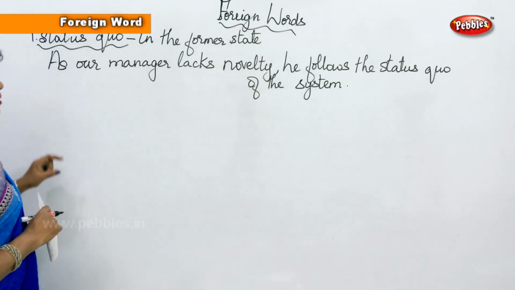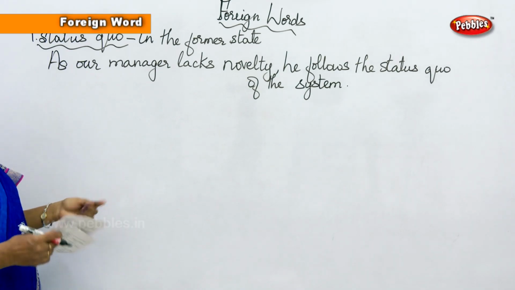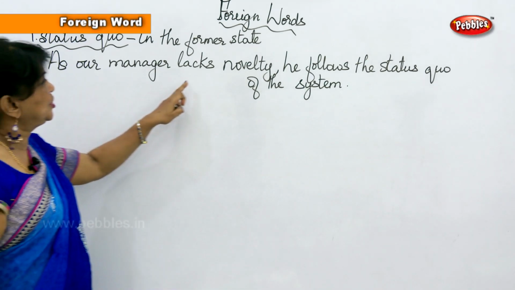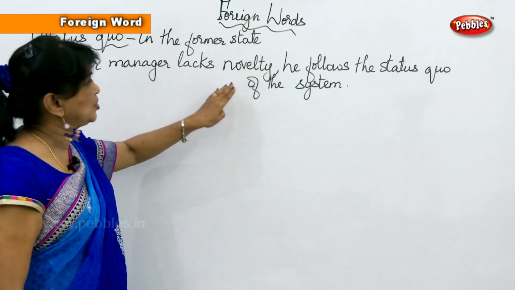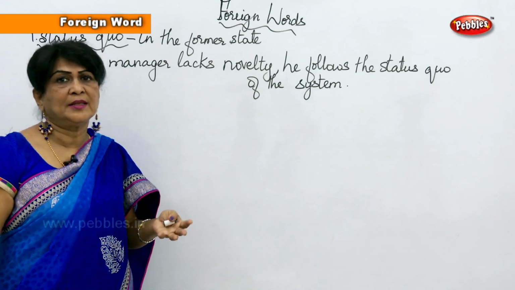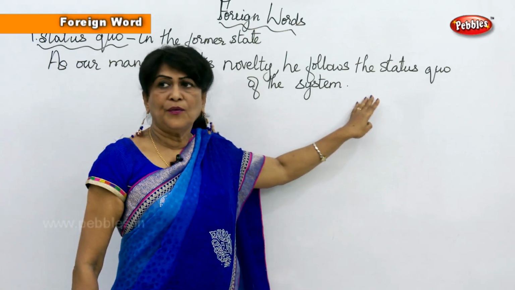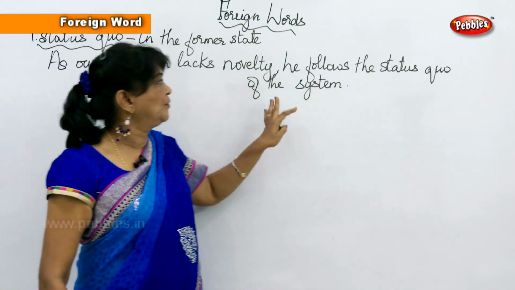Okay, now you try to understand. Status quo means in the former state. As a manager he lacks novelty. Novelty means some newfangled ideas, some new ideas. As he lacks novelty, he follows the status quo of the system.